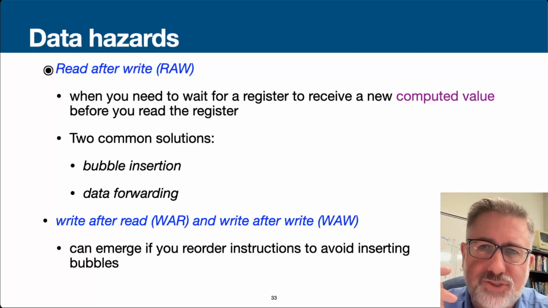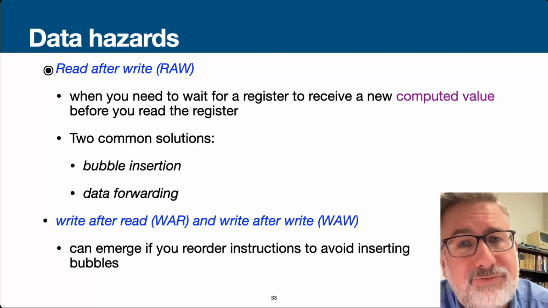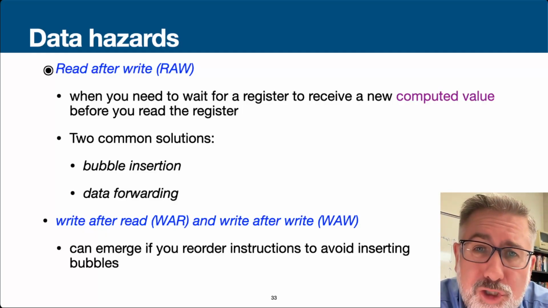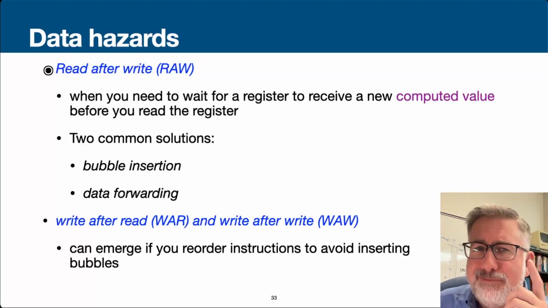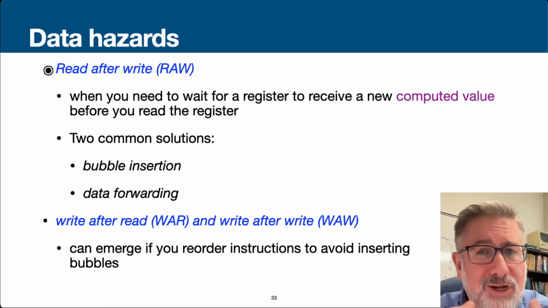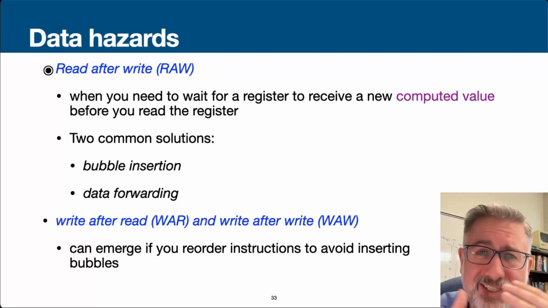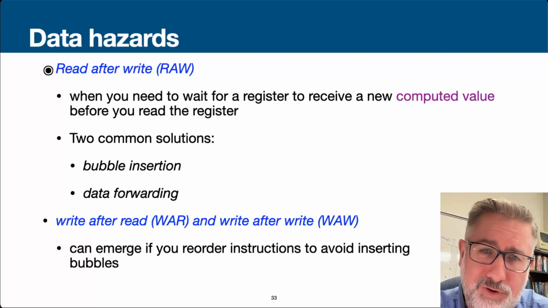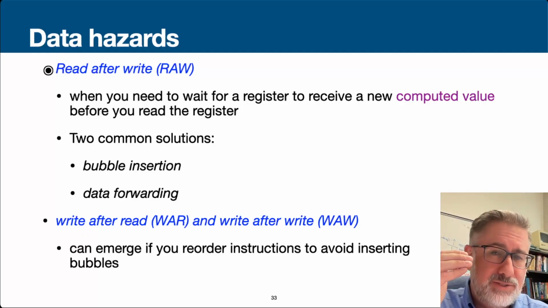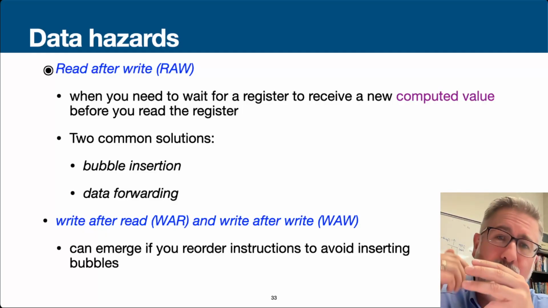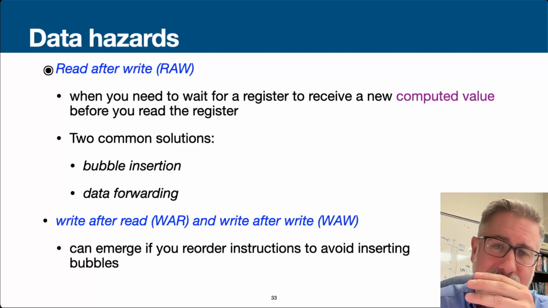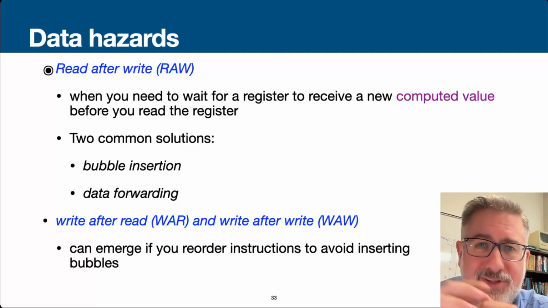Write after read hazards and write after write hazards occur when we start to solve other problems in other ways. Remember, we said one of the ways that we can solve hazards is executing instructions out of order, right? If we have to wait for a resource to be ready, we can just execute unrelated instructions before we then execute the thing that had that requirement, that demand.